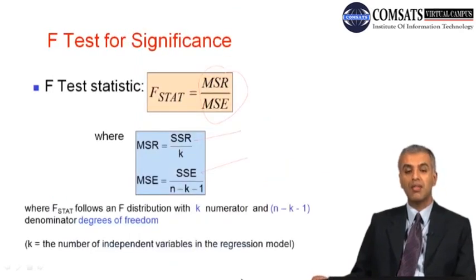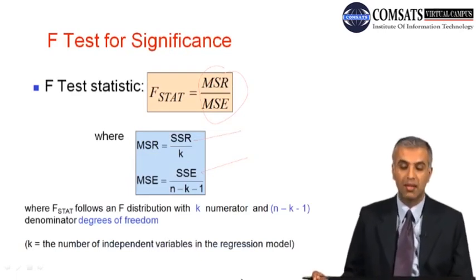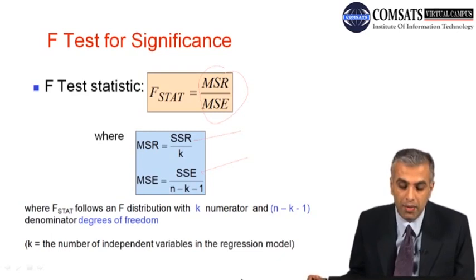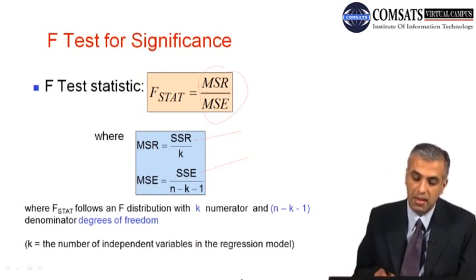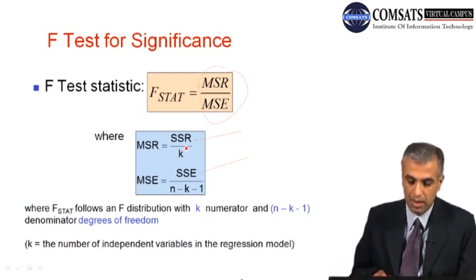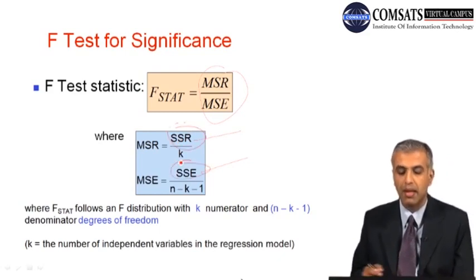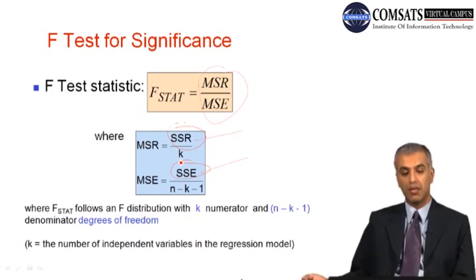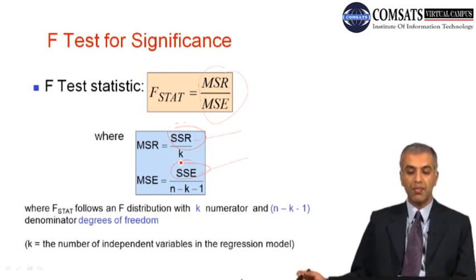Then we had a brief overview of the F-test statistic, and here you can see that we discussed the formula and the formula notation. Then you can see that again the SSR and SSE are playing an important role in the determination of the F-test statistic.